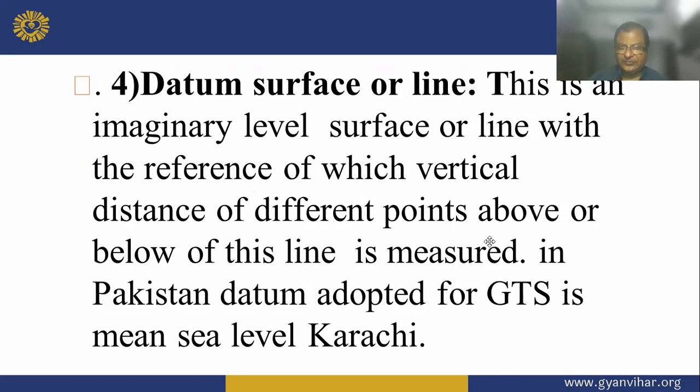So, datum surface or line: this is an imaginary level surface or line, with reference to which the vertical distance of different points above or below the line is measured. In Pakistan, the datum adopted for GTS is the mean sea level at Karachi.